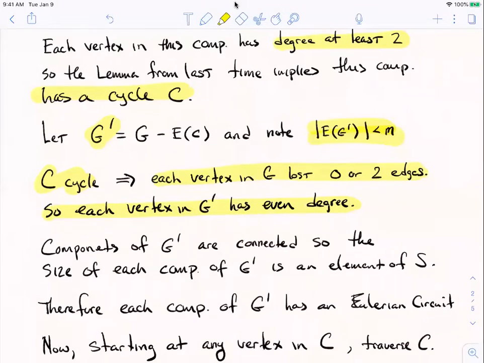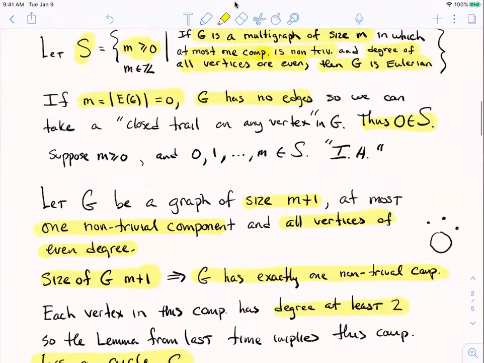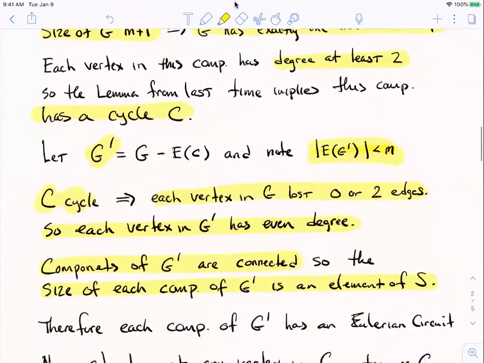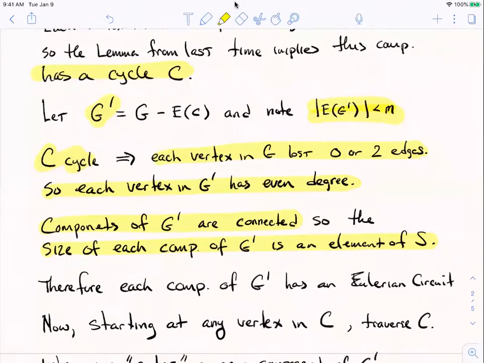So the components of G prime are connected by definition, and the size of each one of them is less than m, so it's an element of S. Remember, we're assuming that all of the numbers from 0 to m belong to S. So every one of those components in G prime has a size that is an element of S. And those components also have even degree vertices, and they're connected, so they have exactly one non-trivial component.